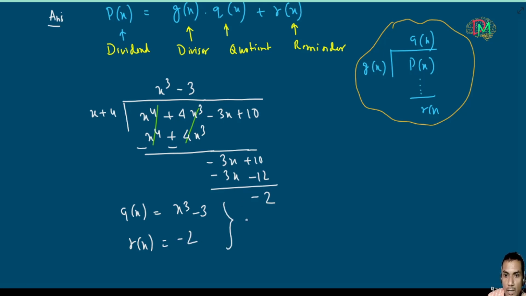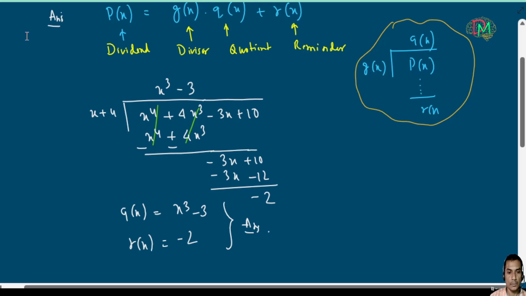So this is the answer. Clear? This way you can get the remainder and the quotient by division.